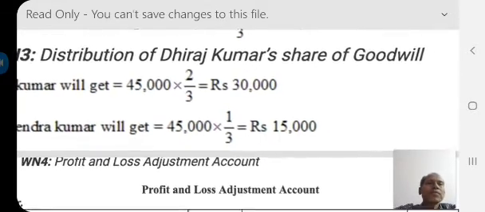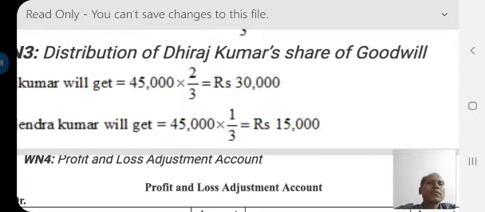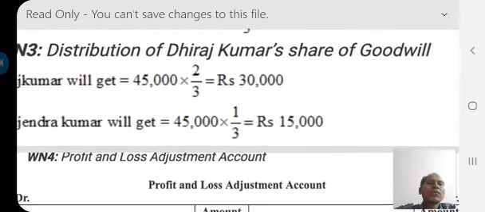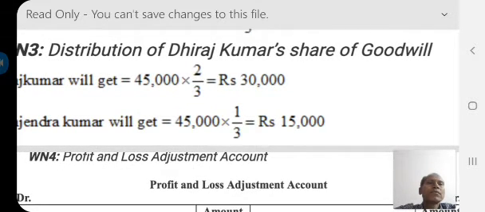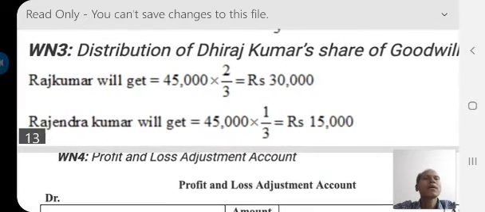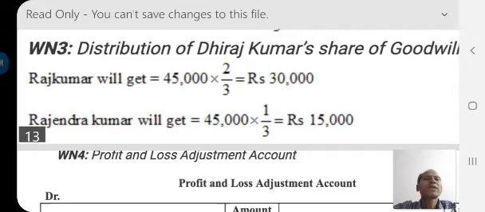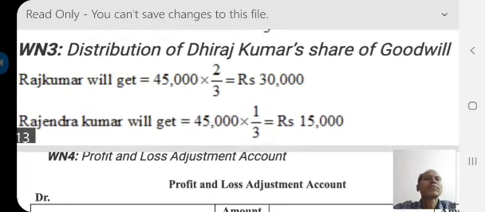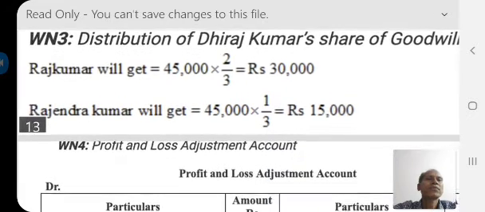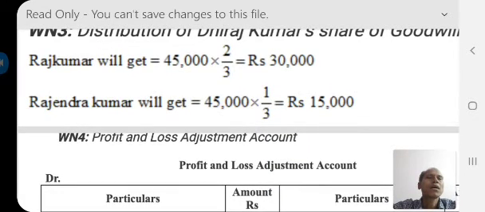Distribution of Dheeraj Kumar's share of goodwill. See, 45,000 is brought by him. Rajkumar's share is 30,000. Rajendra Kumar's share is 15,000.